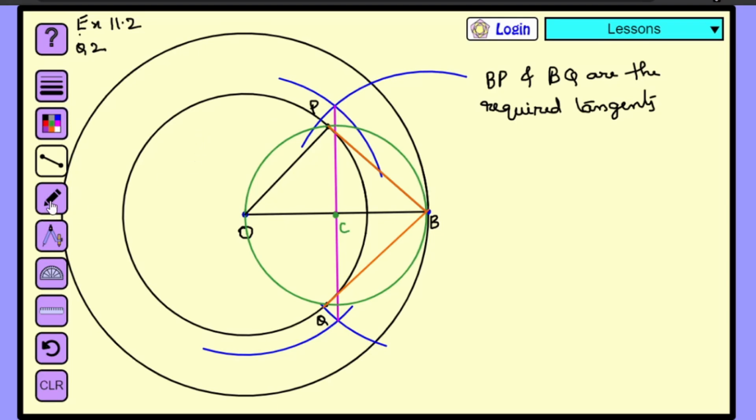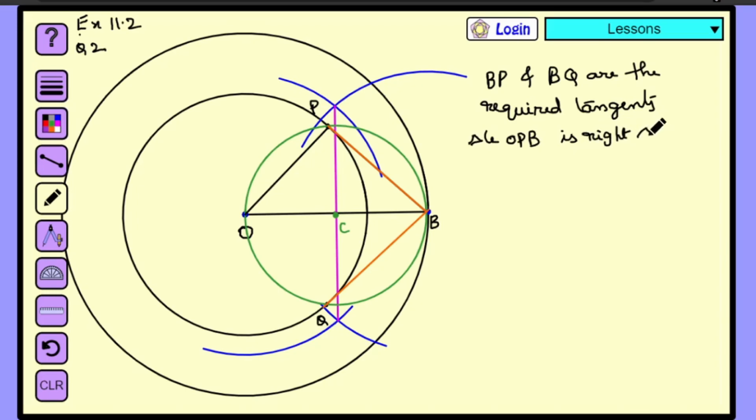BP is a tangent, OP is the radius. A tangent makes an angle of 90 degrees with the radius. OP is perpendicular to BP. So triangle OPB is a right triangle.